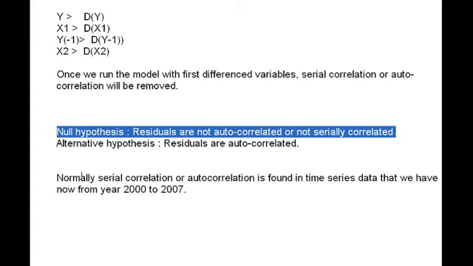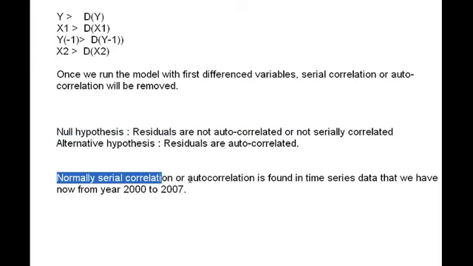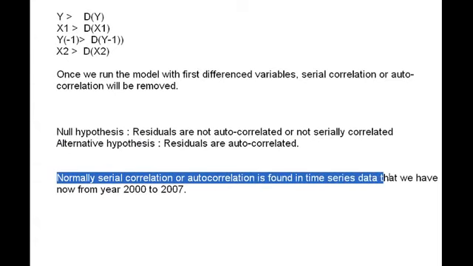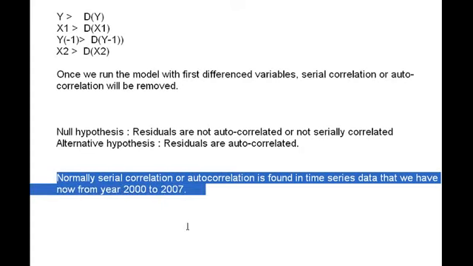There is one piece of information here: normally serial correlation or autocorrelation is found in time series data, which we have now from the year 2000 to 2007. Now we shall be checking it.